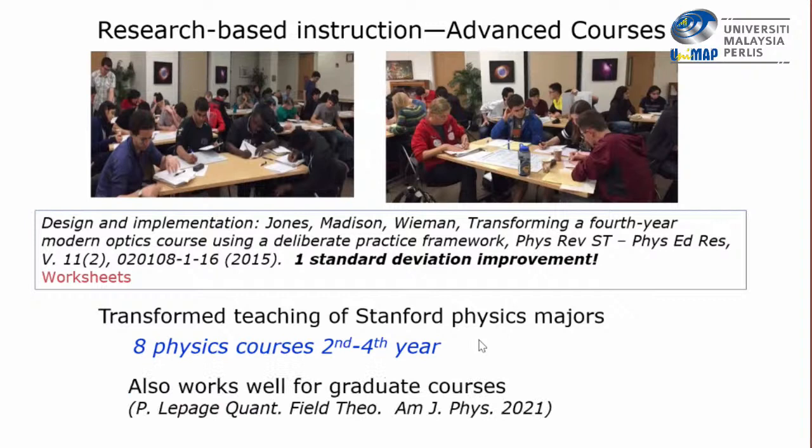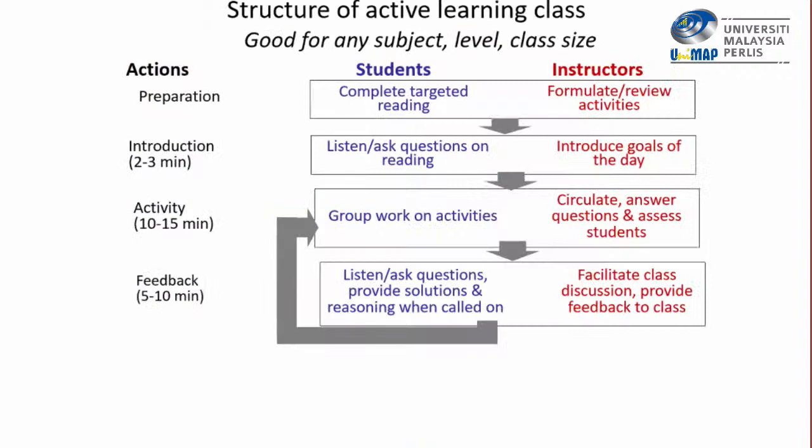And it's even been shown to be highly effective for very advanced graduate physics courses, as well as many other disciplines. But all of these courses have this same basic structure that research has shown is effective.